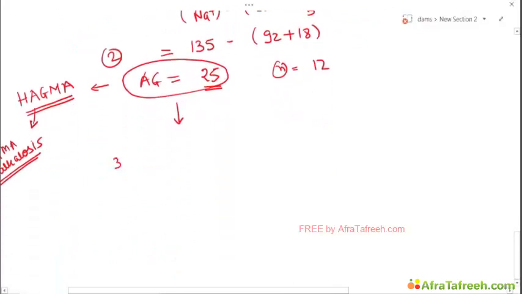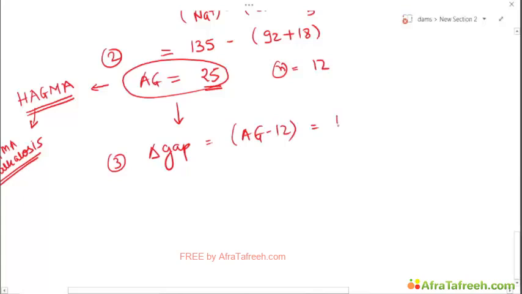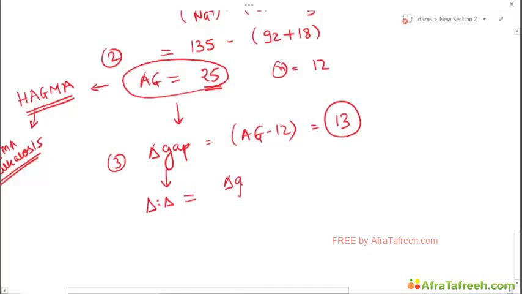Now for step 3 we go to the delta gap. Delta gap is anion gap minus 12. This is 13 here. And then the calculation of the gap-gap means you calculate a ratio of delta gap by delta bicarbonate. That is a change in anion gap from normal to a change in bicarbonate from normal.